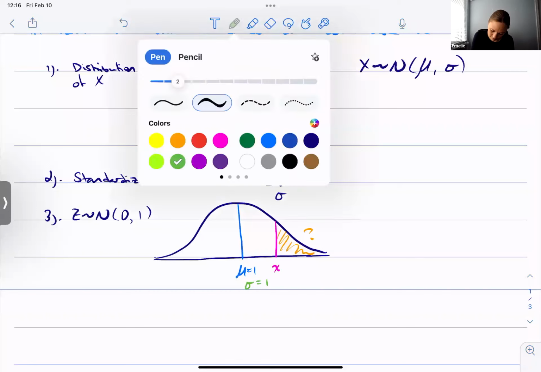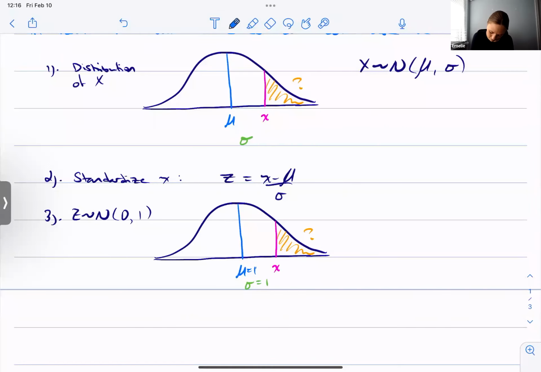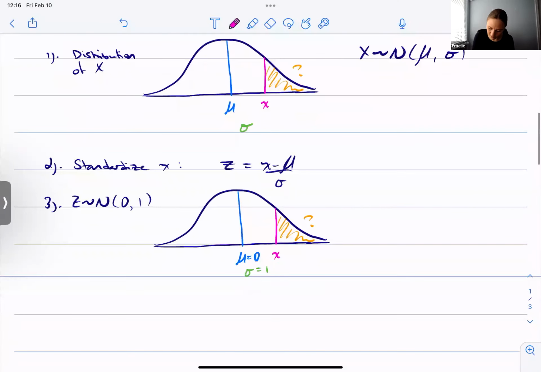Mu is always 0, centered on 0. And all that's changed is that this Z takes the place of X. The change is from here to here, but the distribution stays the same. It's normal, but now it's standardized.